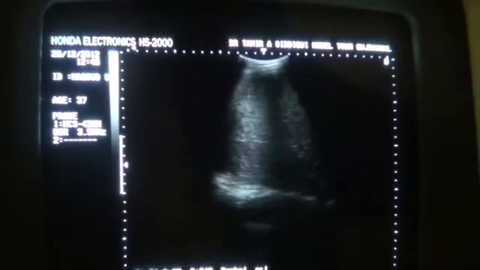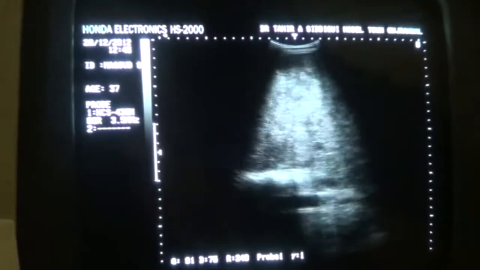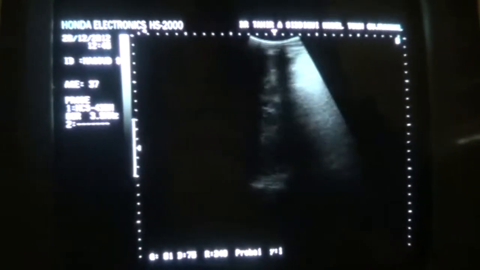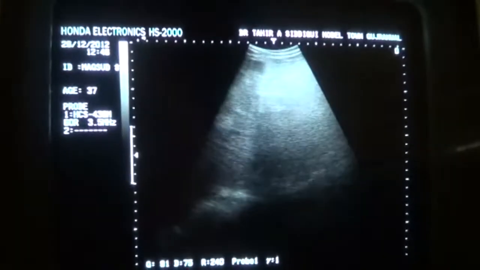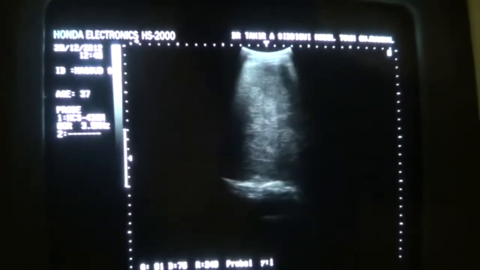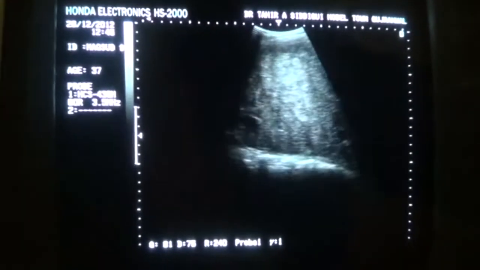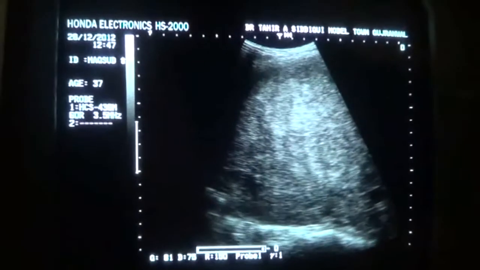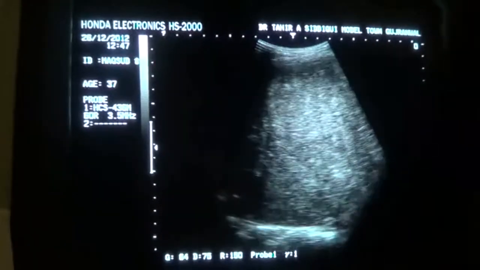Hardly can you make out the parenchyma of the right lobe, except in the superior portion. This is the mass. Infiltrative variety.